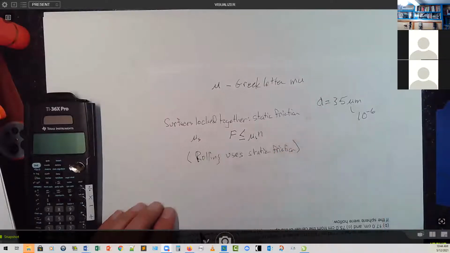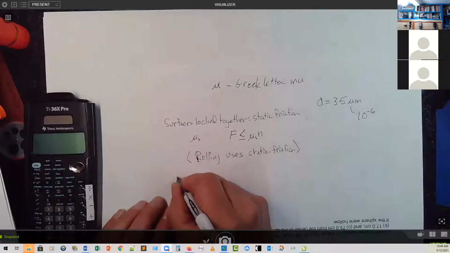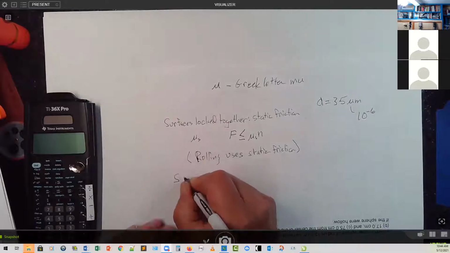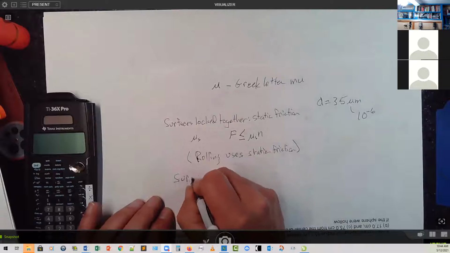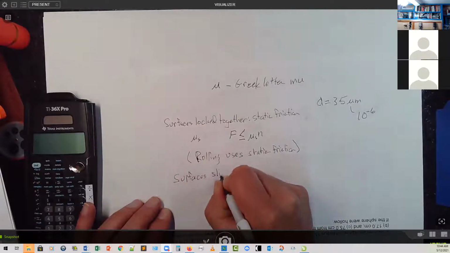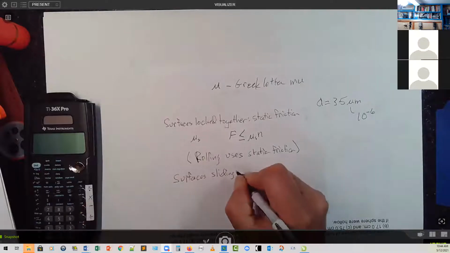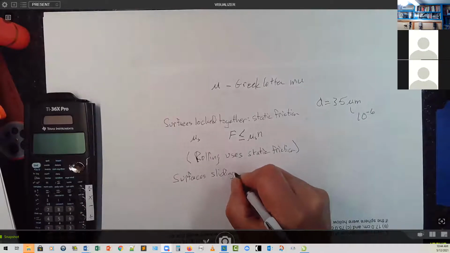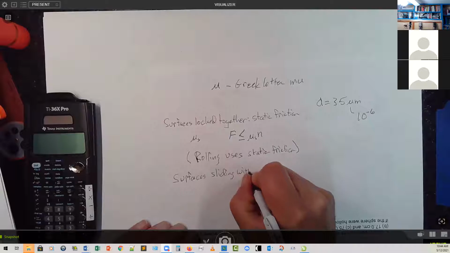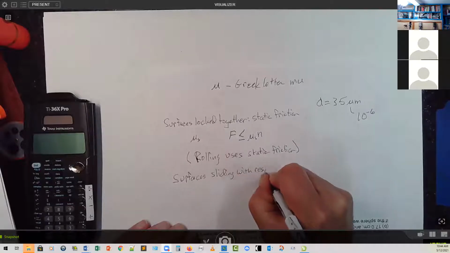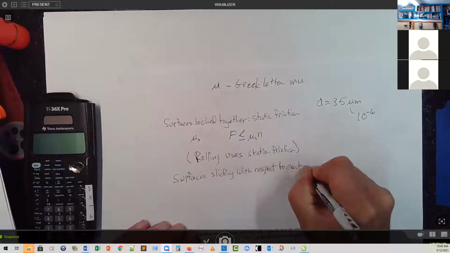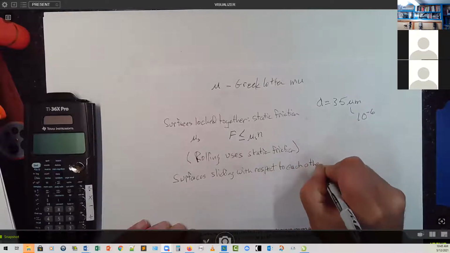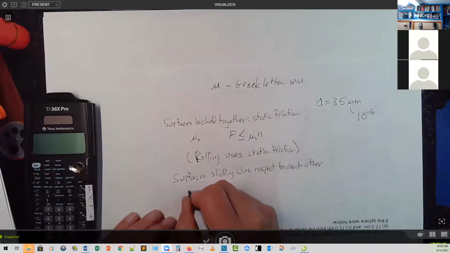Okay, so that's something. And then if you have the surfaces sliding past each other, this would be like skidding your tires, that's called kinetic friction.